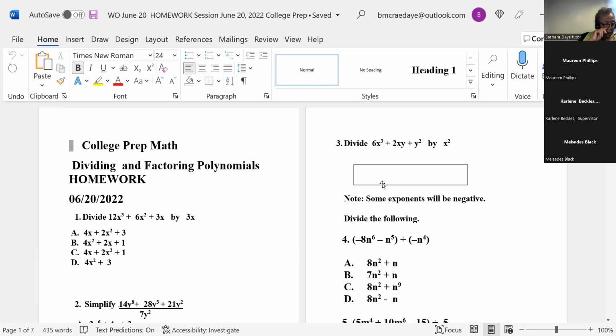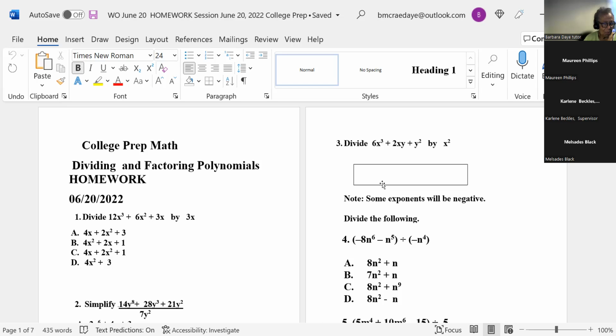But whenever we're dividing a polynomial by a monomial, you can divide each term in the polynomial by the monomial, right? You understand what I just said?